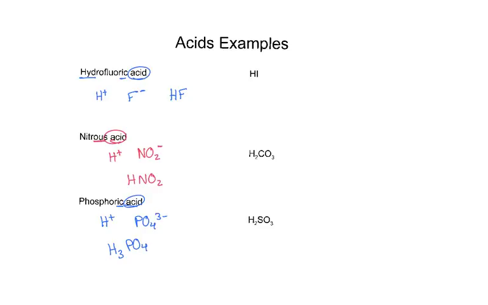Now let's go to writing the name. HI. So this is iodide. So if it ends with "ide," you start with hydro. And then it would be ic, so hydroiodic acid.